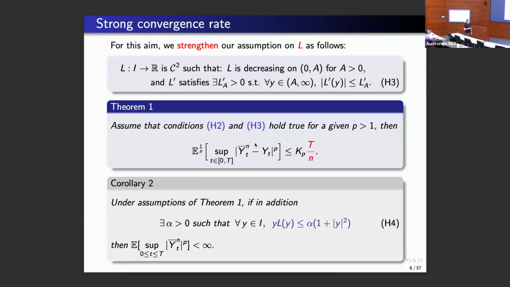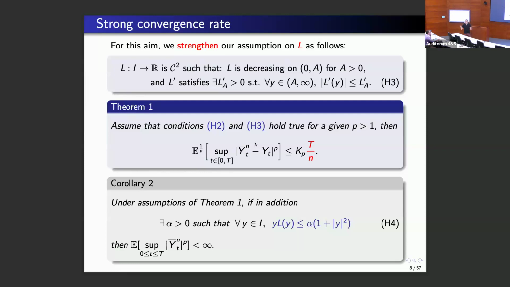So in order to prove that this new scheme preserves the strong rate of convergence, we strengthen the assumption by Alfonsi a bit. So I'm assuming now that my function, or my drift L, is of class C2 on 0 to plus infinity. And I suppose here that it is decreasing near 0 and with a bounded derivative outside.